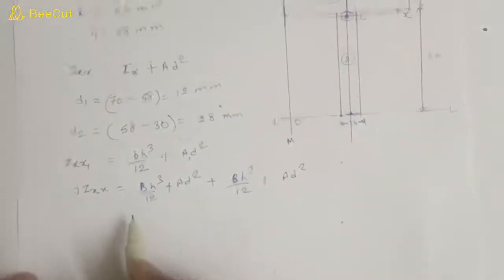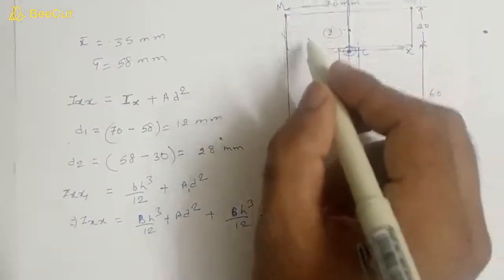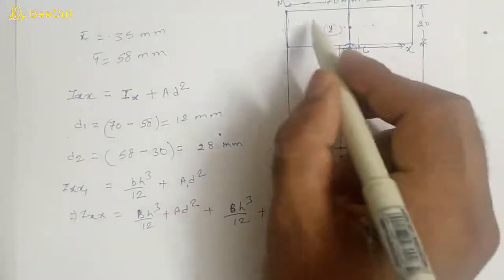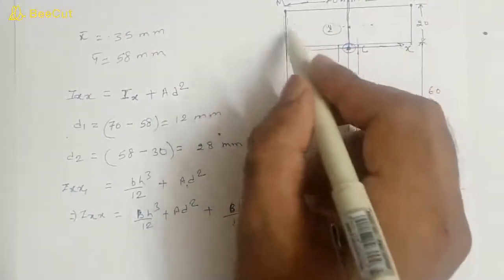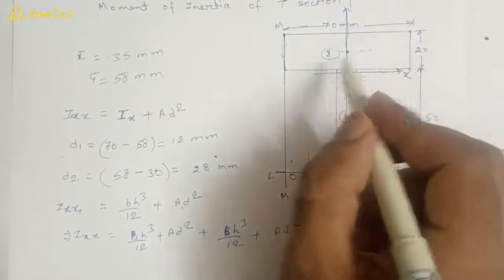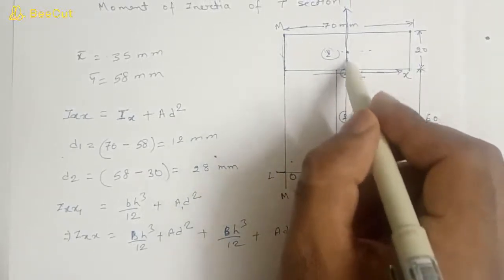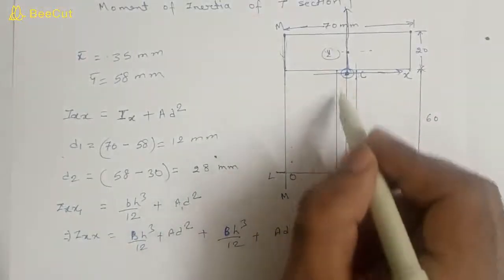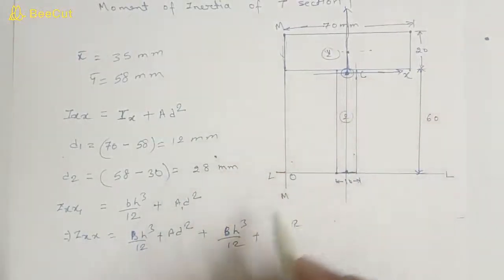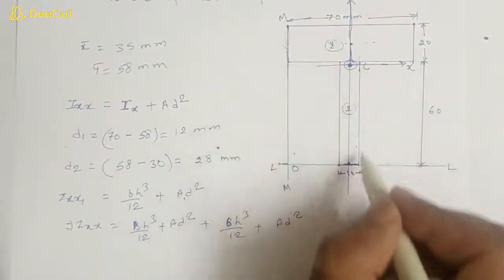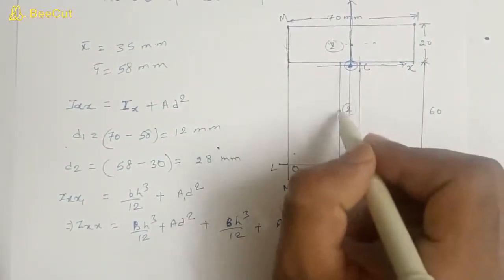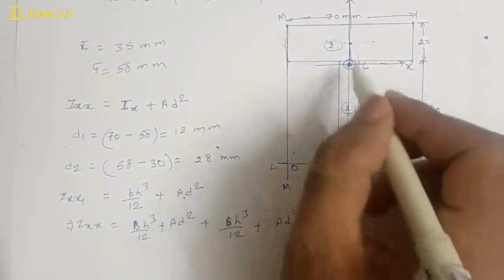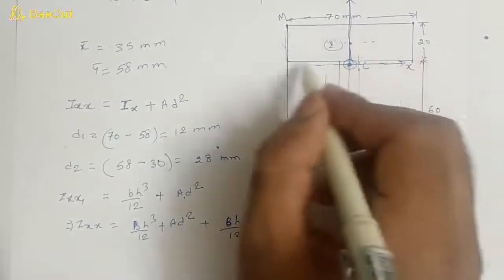So we have got Ix, the moment of inertia of the T section about the centroidal axis: the moment of inertia of this rectangle about its own axis plus A d squared, area into d squared, plus the moment of inertia of this rectangular section about its own axis plus its area into the squared distance between its centroid and the centroid of the whole T section.